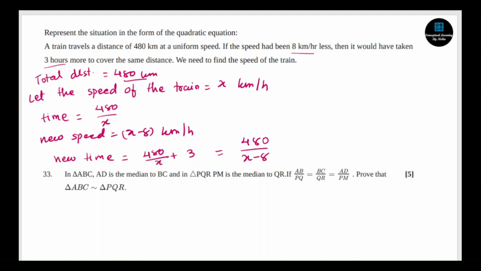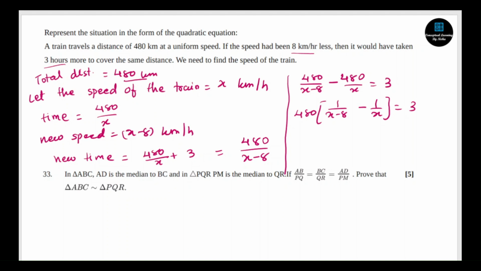Now you have these two equations which you have to solve. So let's form the quadratic equation first. So 480 upon x minus 8 minus 480 upon x equals 3. Now 480 is common. So 1 upon x minus 8 minus 1 upon x equals 3.